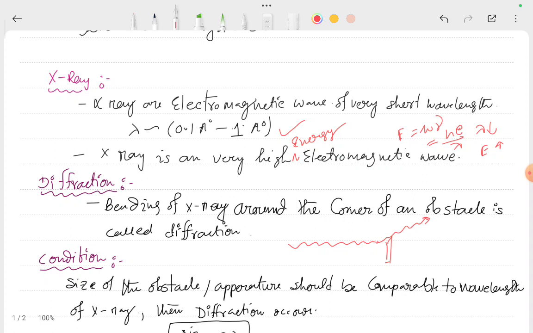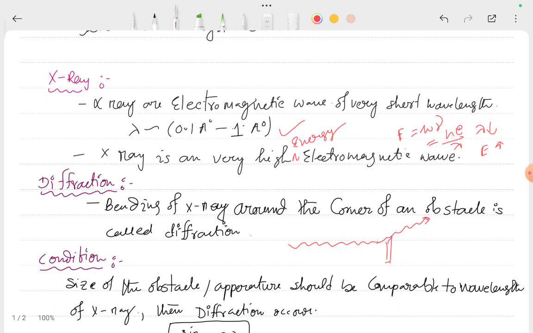Okay, this case is called diffraction. And the same case happens in crystal structures, because crystal structures have an arrangement of atoms in a periodic manner.